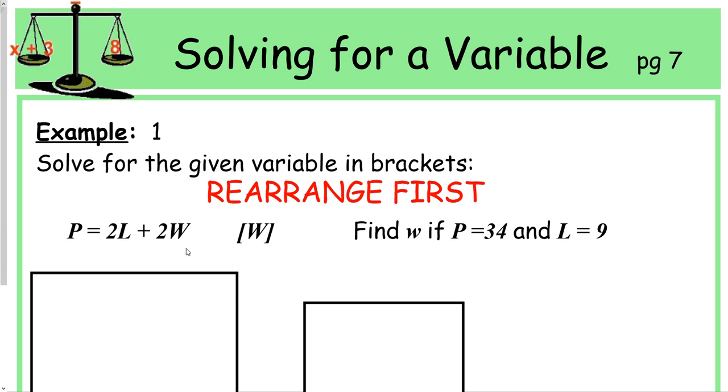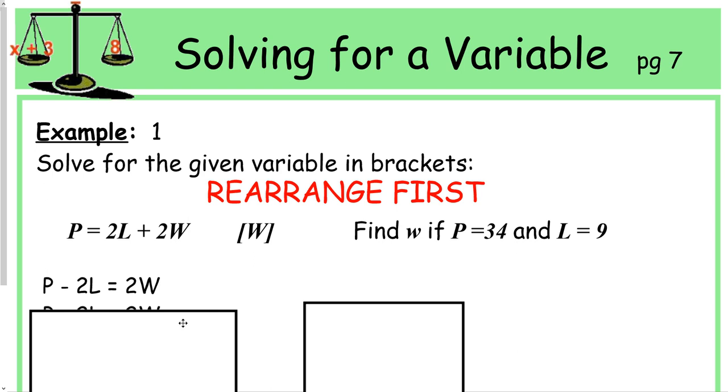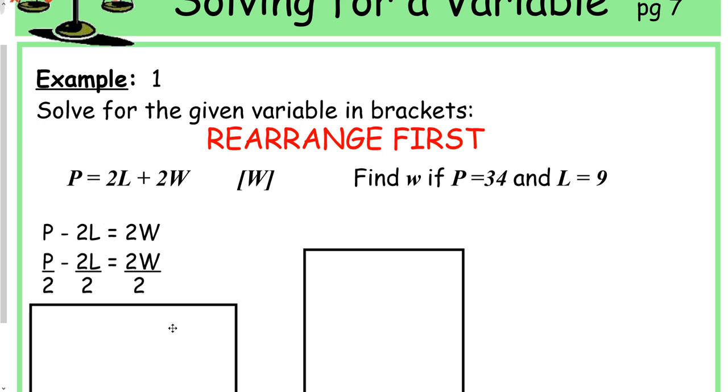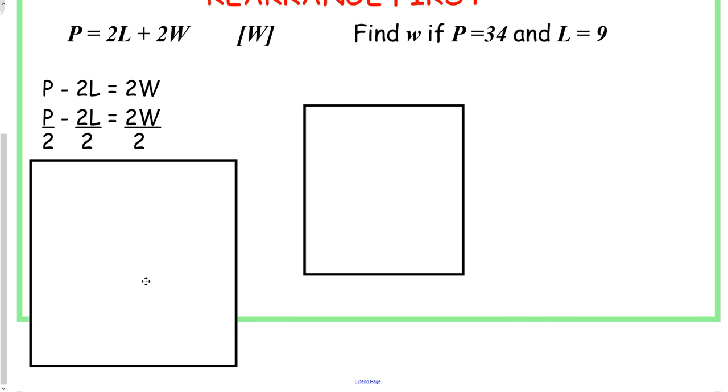All right, so get rid of what is being added, subtracted first. So this 2L, we would move to the other side and subtract it. So now we have p minus 2L equals 2W. And remember, we're isolating for W, and it's being multiplied by 2. So let's divide both sides by 2. Okay, or every single term by 2, I should say.